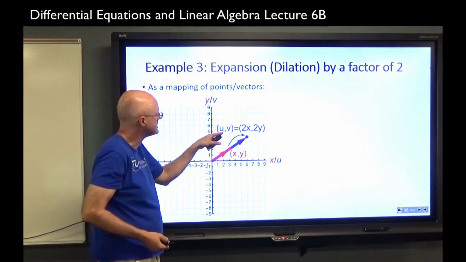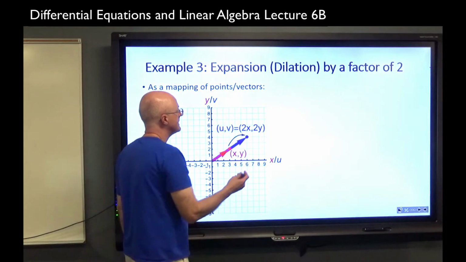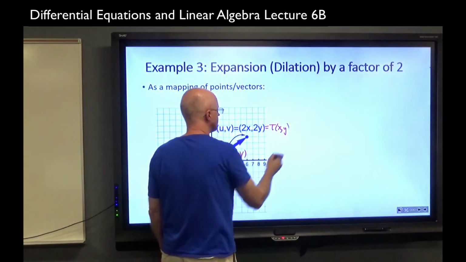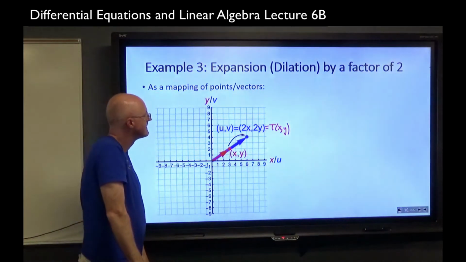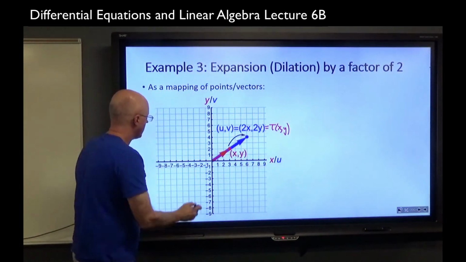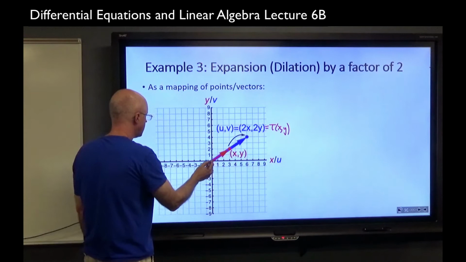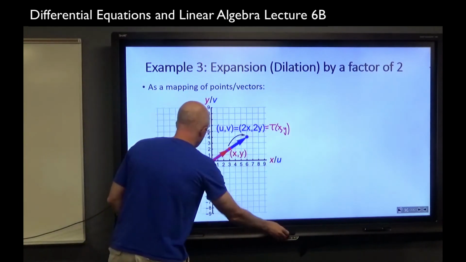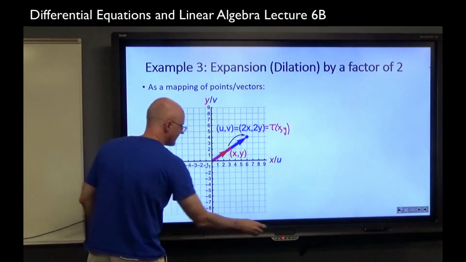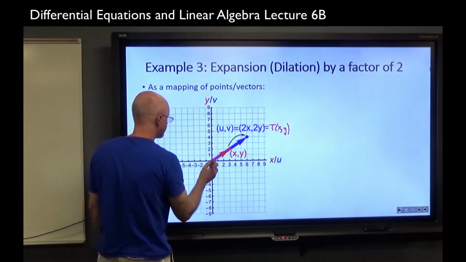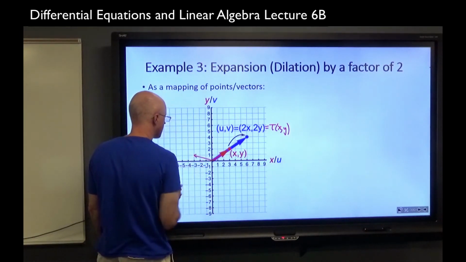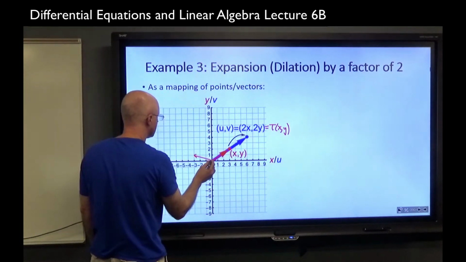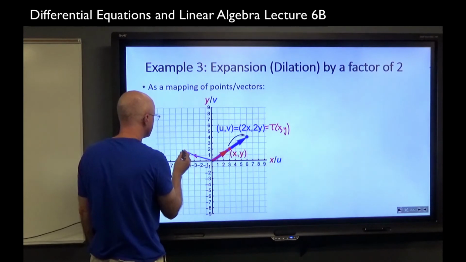The formula is (u, v) equals (2x, 2y), which I can also write as T of (x, y). Pointer vector over here, say, is going to get mapped to be, once again, twice as far from the origin along the same ray from the origin.